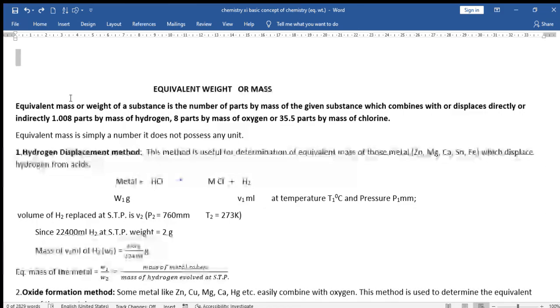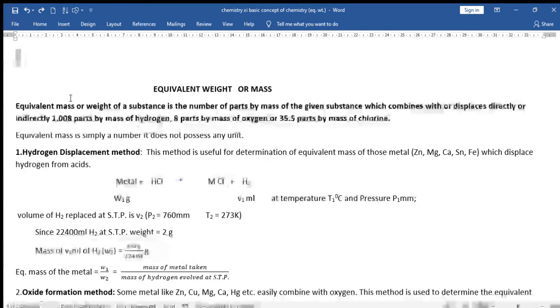When metal reacts with chlorine or displaces the chlorine, then how much amount of chlorine it will combine or displace, that we compare with 35.5 gram of chlorine. Means how much mass of metal will displace 35.5 gram of chlorine, that is known as its equivalent mass.